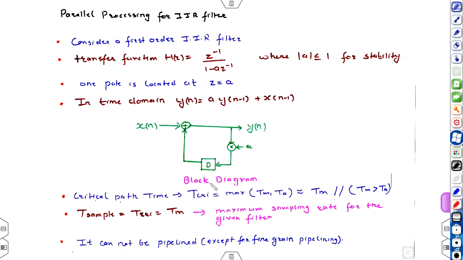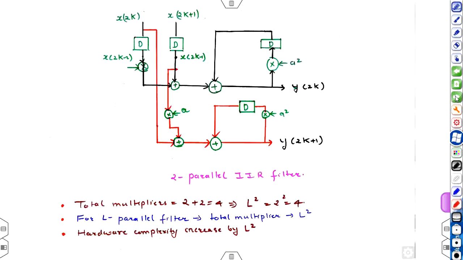Okay. So in the sequential filter, the multiplier was 1, and in the two parallel IIR filter the multipliers are 4. So hardware complexity increased by 2 square, that is 4. So for L parallel filters, total multipliers required will be L square. So hardware complexity will be increased by L square.